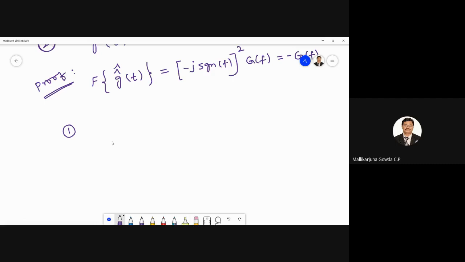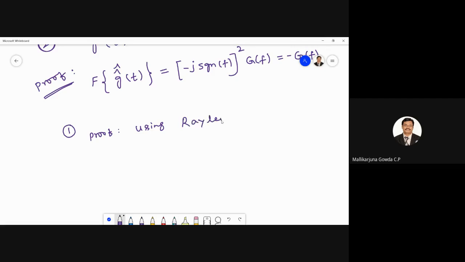Okay. So for the third property, I used Parseval's theorem. For the first property, I will be using Rayleigh's theorem of the Fourier transform. So proof of property 1, I do by using Rayleigh's theorem. Have you heard about this name, Rayleigh's theorem?